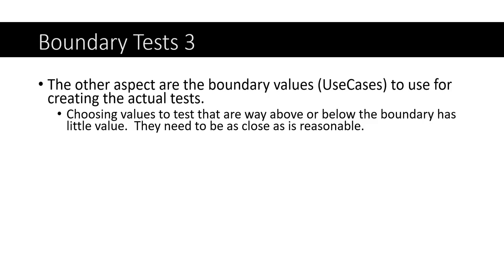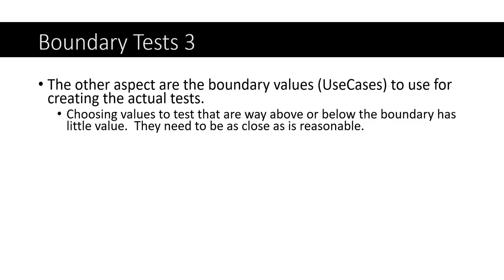You know, or $1 million in sales, something changes. Well, instead of just going just above or just below, they throw in a value of 10 million. Well, sure, that's above, right? But that's not very useful as a boundary test, okay? Sure, yeah, by definition, it's above or below the boundary, but it needs to be as close as is reasonable to be a reasonable use case or boundary test, right?